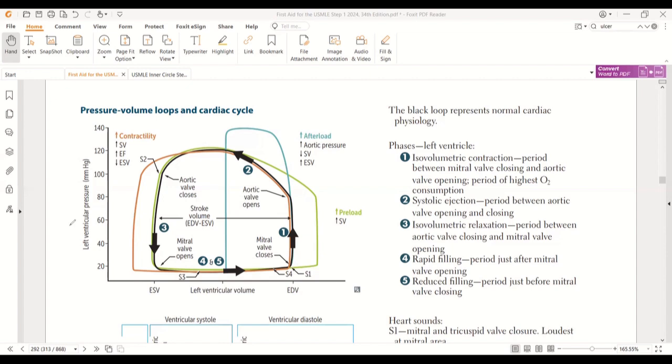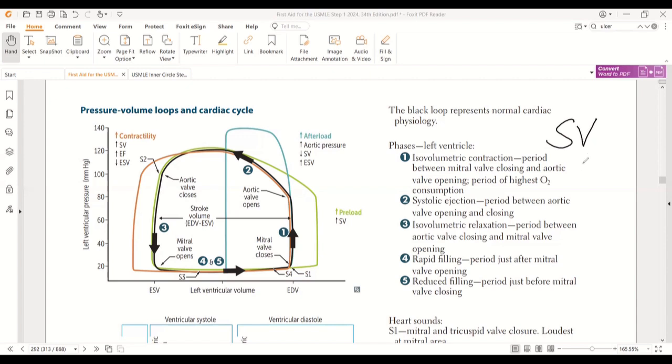If ejection fraction is less, is it systolic or diastolic heart failure? Systolic heart failure. And you are giving a drug that increases contractility, right? So they're asking about the effect of this drug.